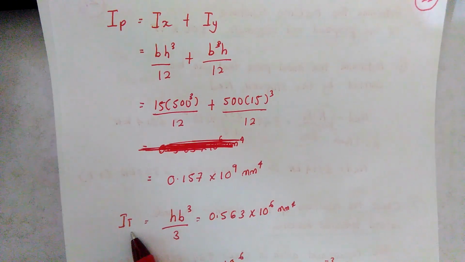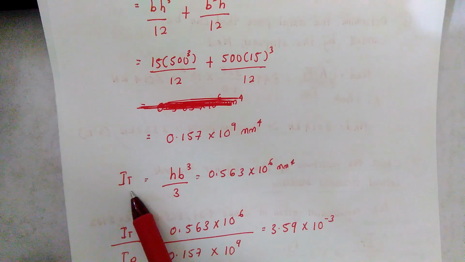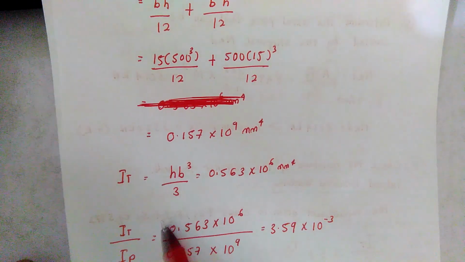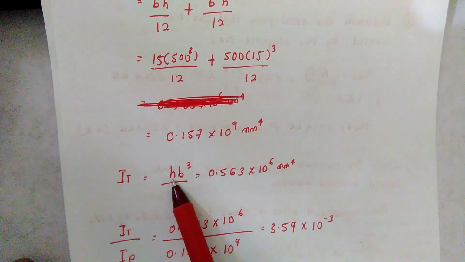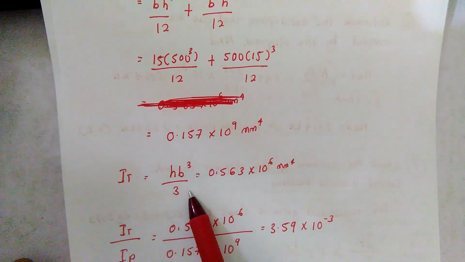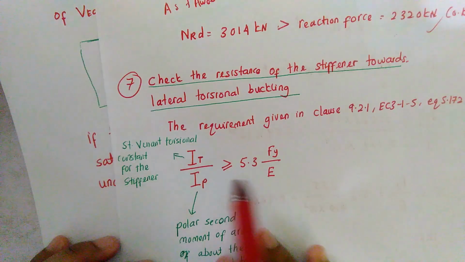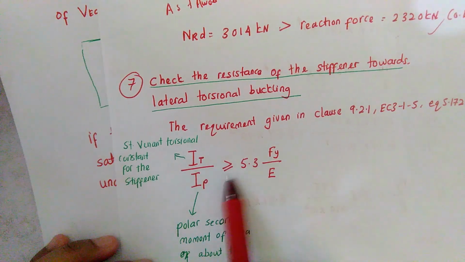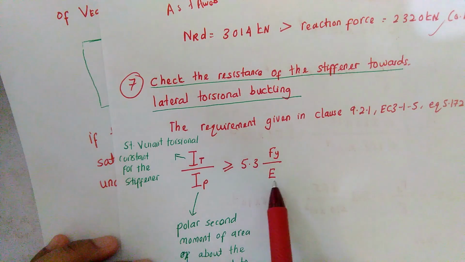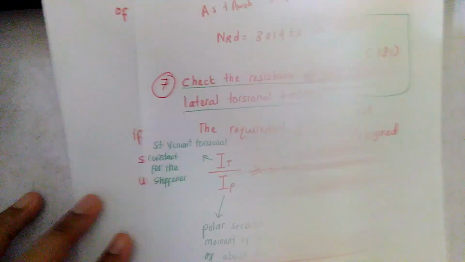To get the Saint Venant constant, which is IT, you can get these equations from textbooks, which is given by HB cubed over 3. So finally, you can calculate whether IT over IP is larger than 5.3 Fy over E or it is less than it.